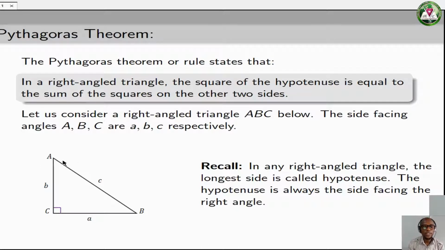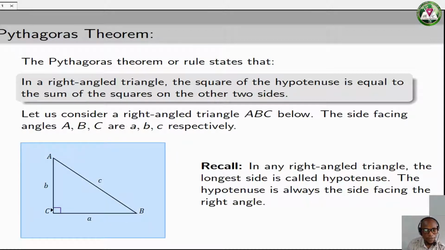Now take a look at this triangle you have on your screen here. Triangle ABC, and you can see that the angles are indicated with capital letters there. A, B, and you have C over here, where you have your right angle there.